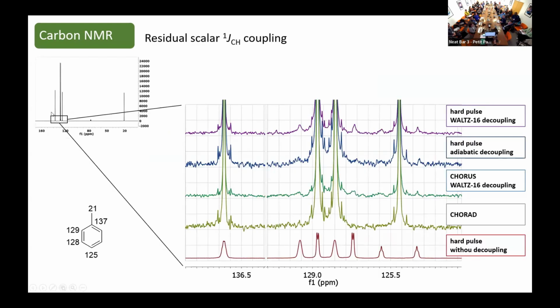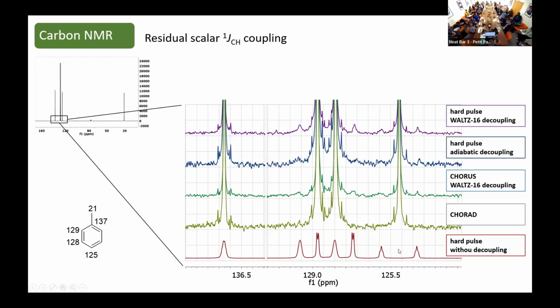Here we did the same toluene molecule, a big zoom to show the residual coupling. This spectrum here in red is without the decoupling, so we can see the splitting that results from the coupling of carbon to hydrogen.